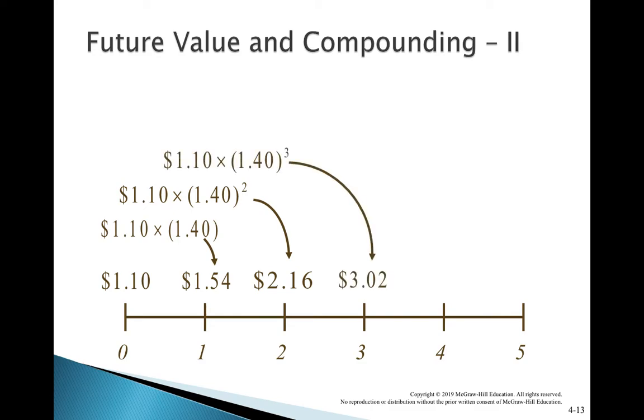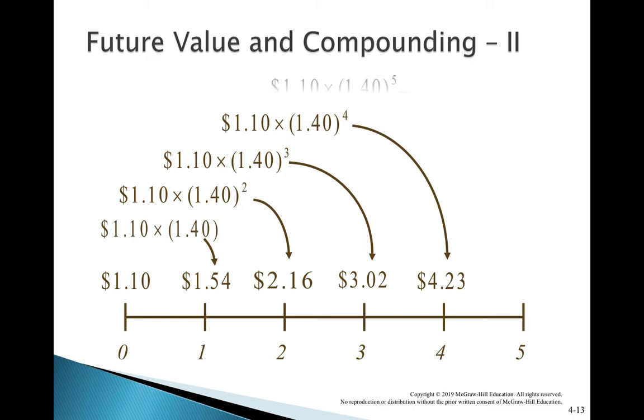The dividend in the third year will be 2.16 multiplied by 1.40, or 1.10 multiplied by 1.40 to the power 3. In the fourth year it will be 3.02 multiplied by 1.40, or 1.10 multiplied by 1.4 to the power 4.